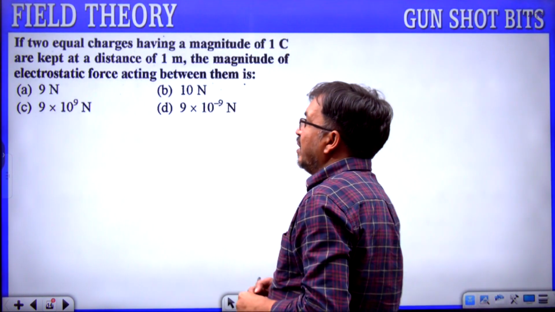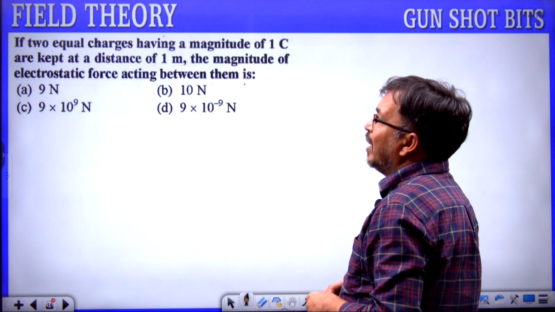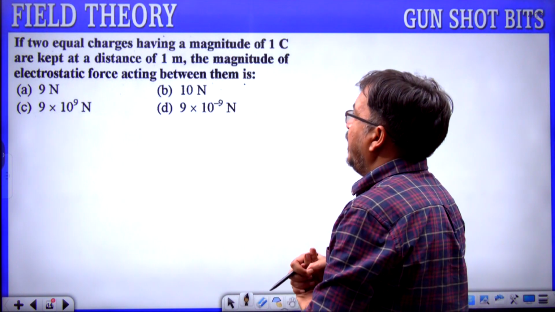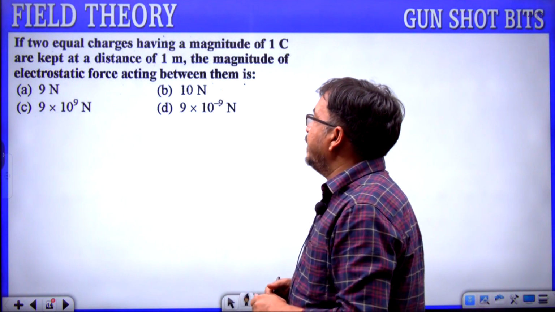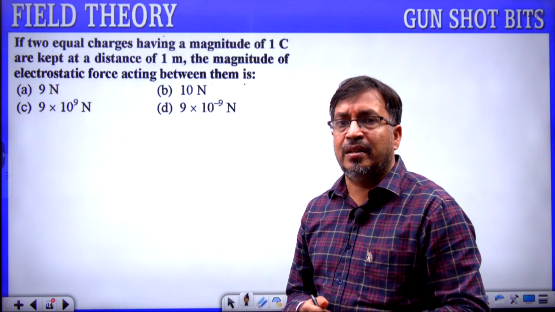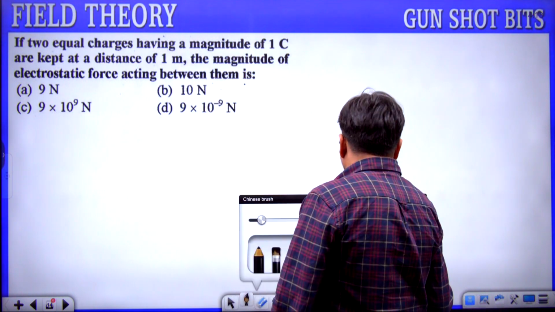Next question: if 2 equal charges having a magnitude of 1 coulomb are kept at a distance of 1 meter, then the magnitude of electrostatic force acting between them is? This question is related to Coulomb's law.